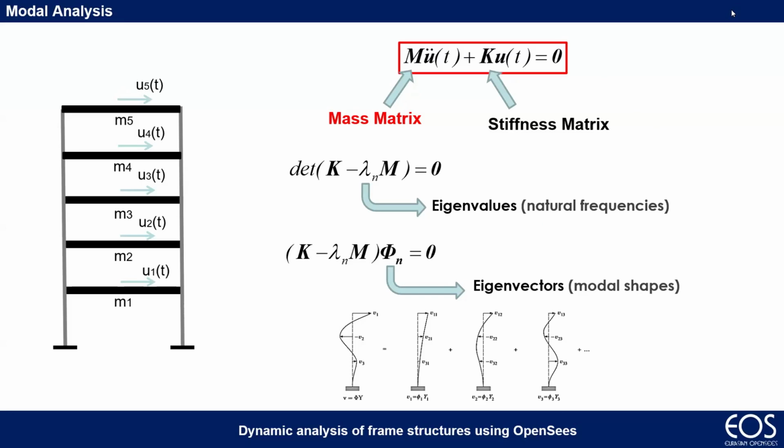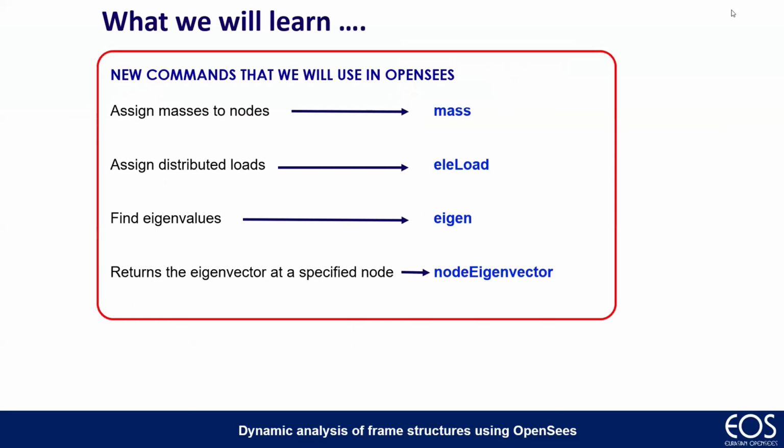I think everybody knows the theory behind. Modal analysis is just you have this equation here with masses and stiffness, and you perform eigenvalue and eigenvector analysis, in which the eigenvalues are the natural frequencies of the structure. Okay, the eigenvectors are the modal shapes. So you can do a decomposition of the behavior of the structure in the modal world.